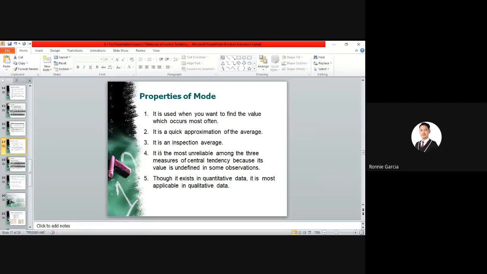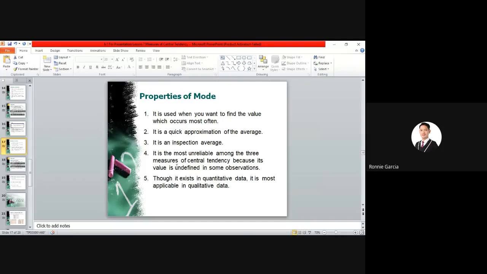Number 4, it is the most unreliable. Diba? Murag kabaliktaran siya sa mean. The mean is the most reliable. Pero the mode is the most unreliable among the three because again, it is not defined in some observations. Wala actually magitanaw tanan sila. Bawat value sa imong dataset, wala siya naka-apekto sa imong overall answer.